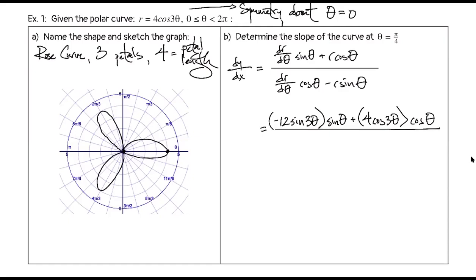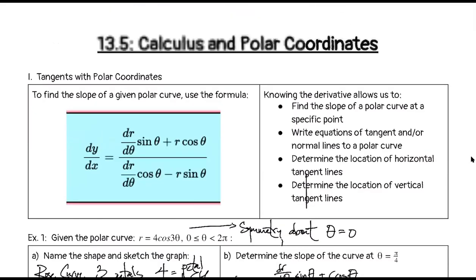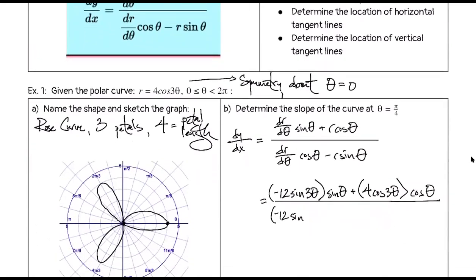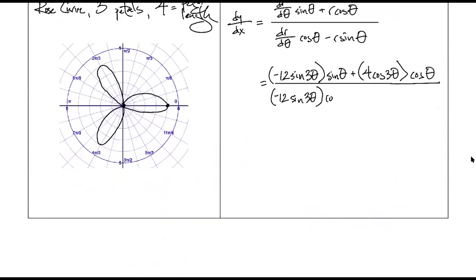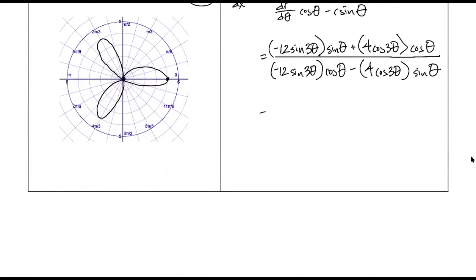Now I'm going to do the denominator: negative 12 sine 3 theta cosine theta minus 4 cosine 3 theta sine theta. Okay.